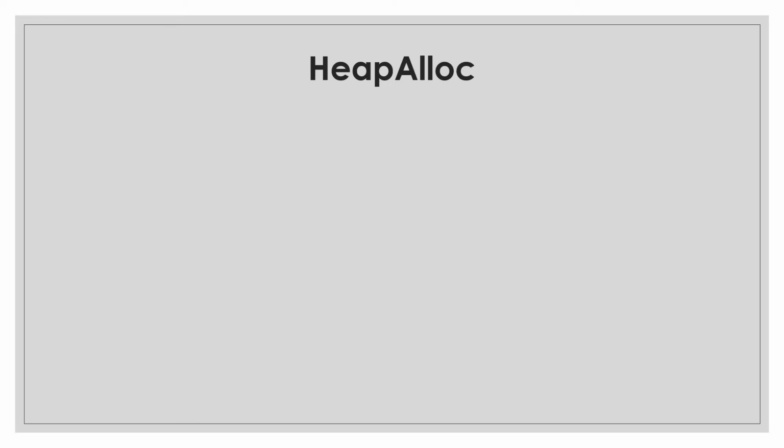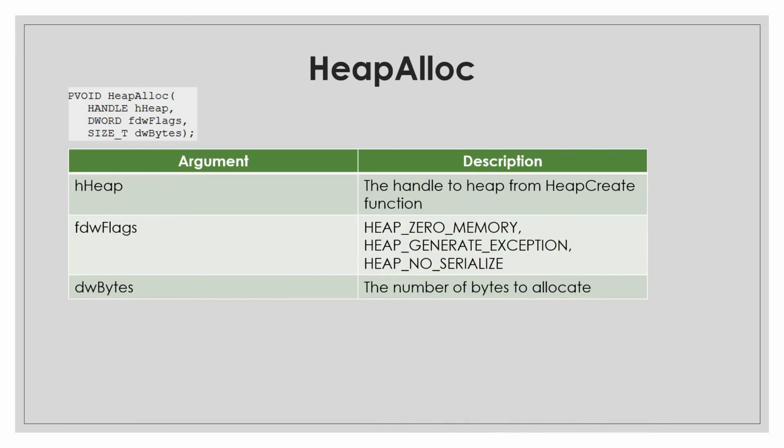Let's go to the HeapAlloc function. In the case of the HeapAlloc function, you can see these are the arguments, and this is the signature of the HeapAlloc function. There are three arguments. The very first argument is the heap handle. This handle you get from the HeapCreate function.